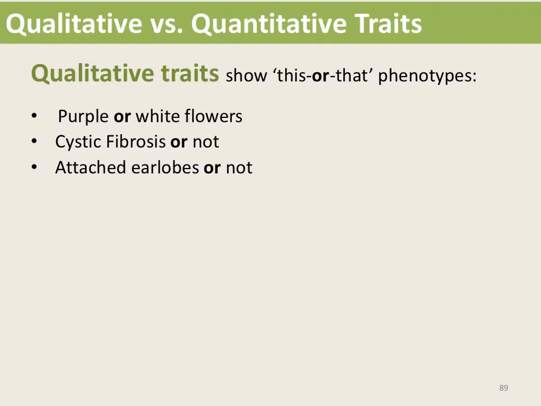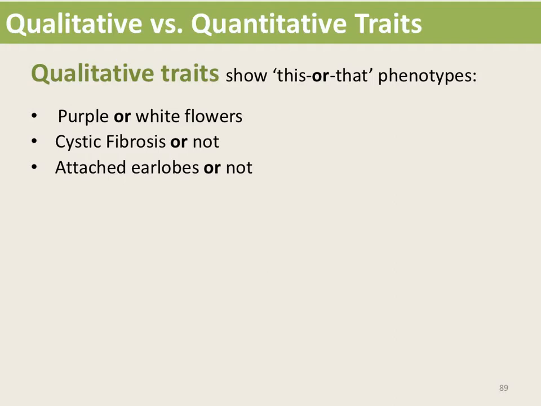Now, I also talked to you, we've been talking mainly about single gene changes. And then we'll call them qualitative traits. That means this or that. So if we have purple or white, and purple is dominant, you either have the allele for purple pigment and either 2 copies of that or 1 copy of that and white, and you'll end up with purple.